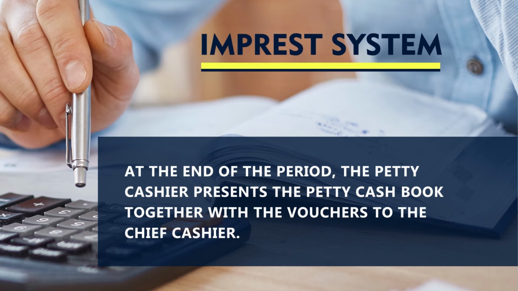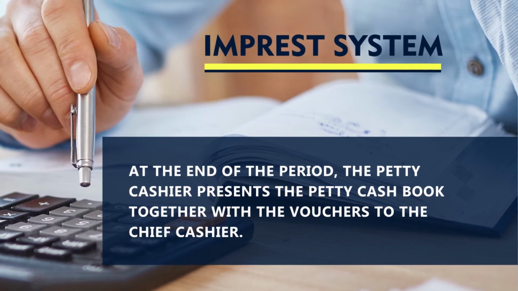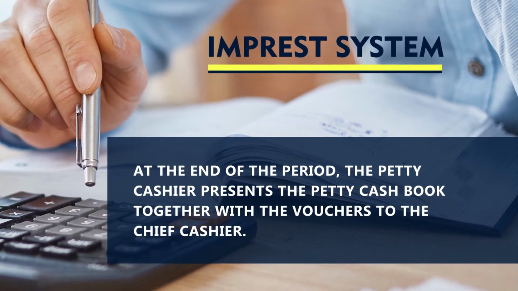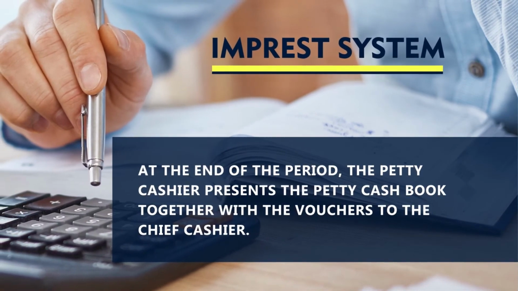So the chief cashier verifies the entries which have been recorded by the petty cashier in the petty cash book and pays to the petty cashier a sum equal to the amount spent by him.